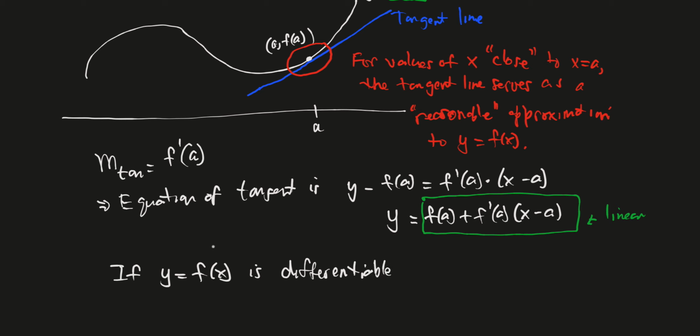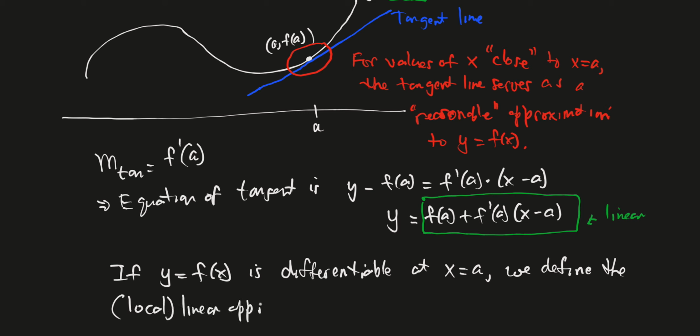So if y equals f of x is differentiable at x equals a, we define the, and it's sometimes called a local linear approximation, so I'll put the word local in parentheses, the local linear approximation to y equals f of x at x equals a, and this is how we define it.